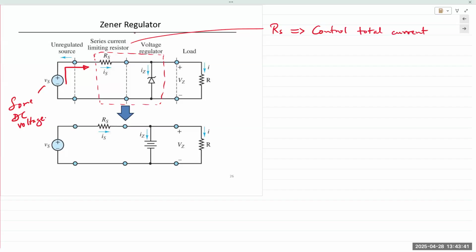If it was not there, we could possibly exceed the limit of the Zener diode and blow it out. So a Zener diode will always be used in conjunction with a series resistor. The series resistor is known as RS. And then you have a load resistor on the far right. So let's make a simplified version of this diagram.